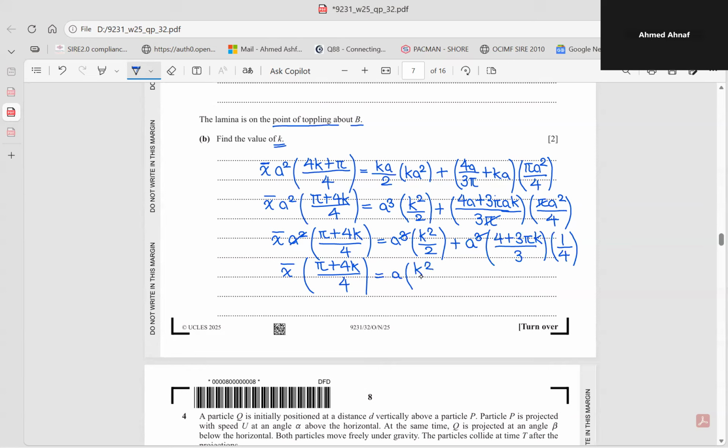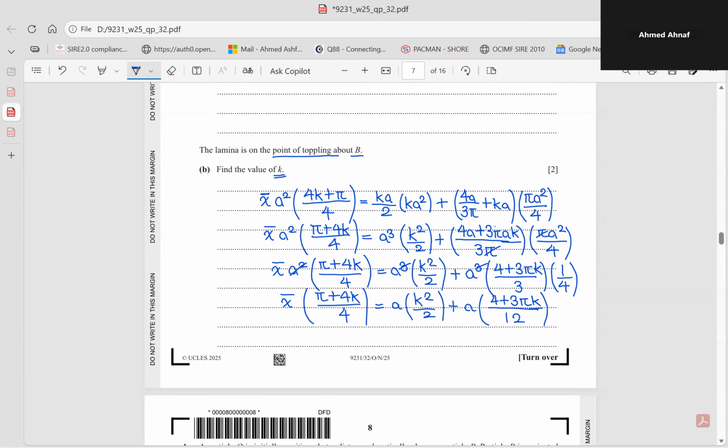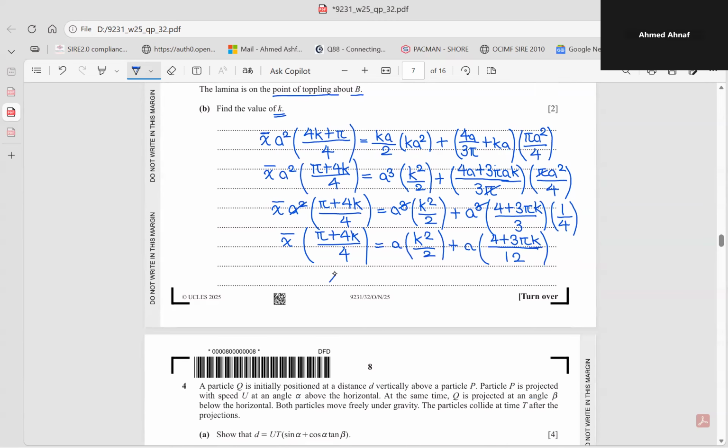A times k squared over 2. A times 12, 4 plus 3 pi k over 12. Let's just combine it into a single fraction now.